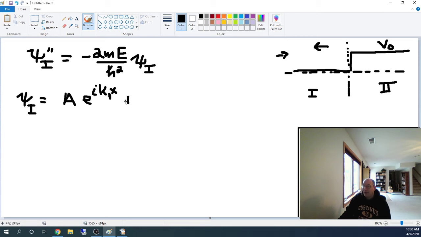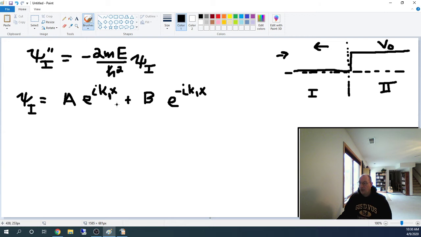And it's got its own coefficient, and then there's a left moving one. And it's going to be, again, a complex exponential. And it's left moving because of the minus sign there. The sign in front of it tells you which way the plane wave is propagating.